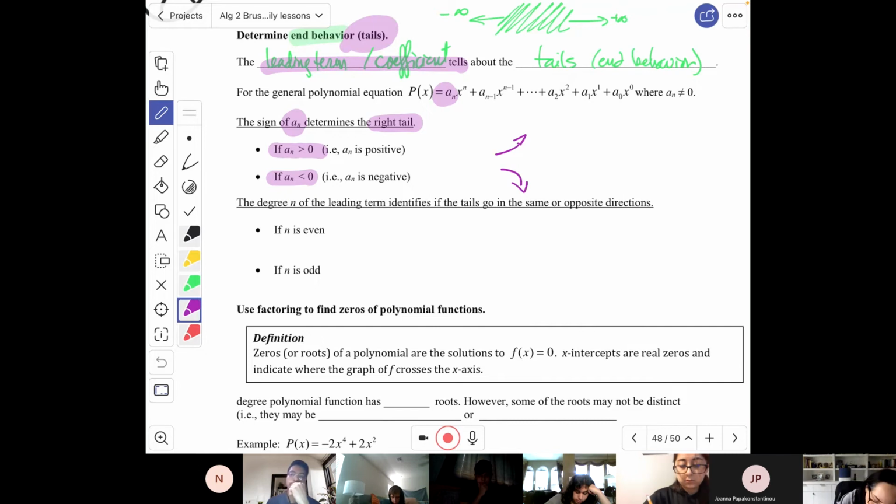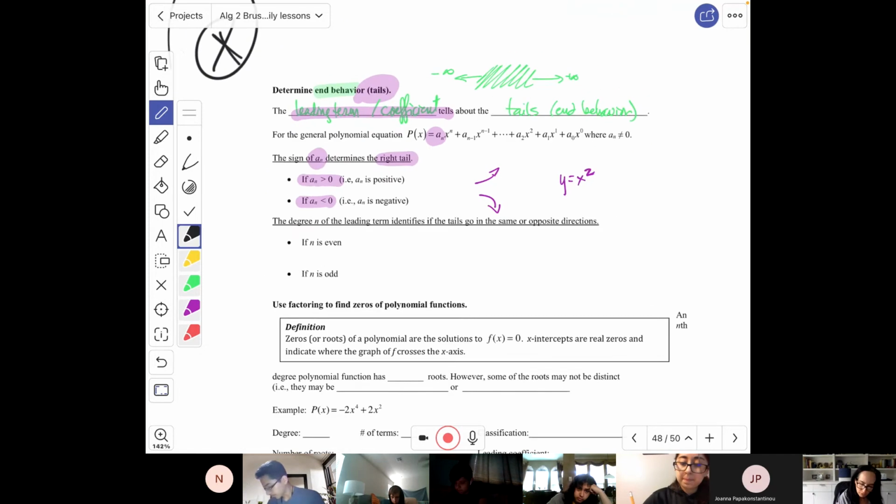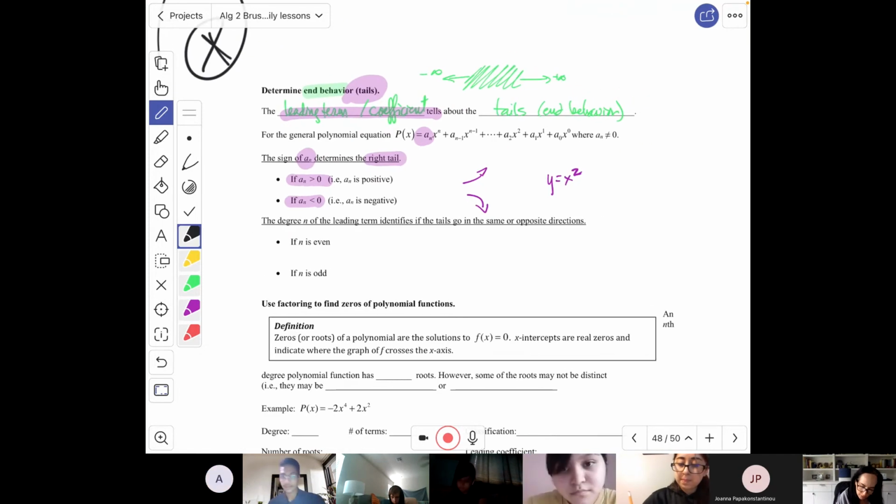For example, y equals x squared. What is the leading coefficient? What is that little leading coefficient in front of x squared? Anybody?